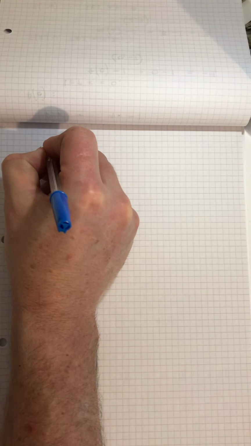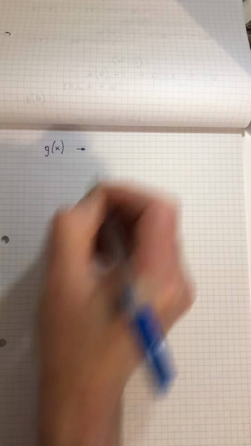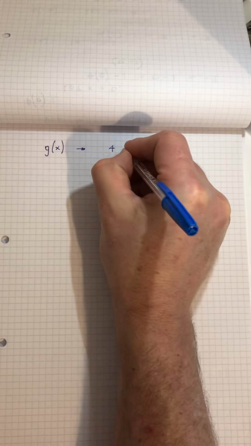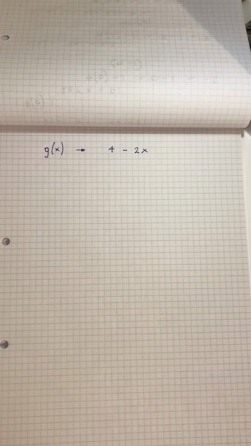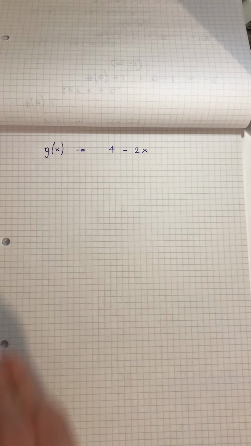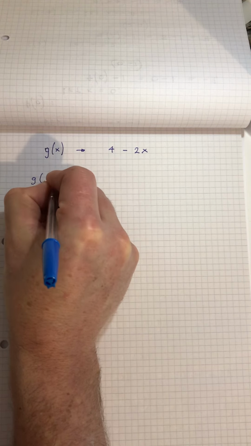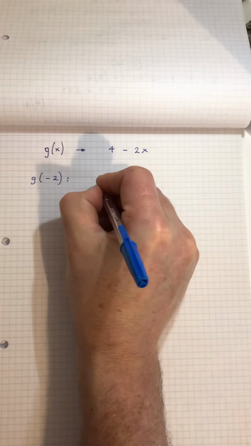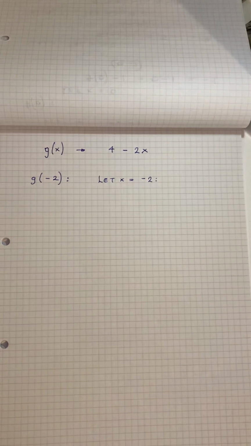So this time I'm going to call it g of x, just to change the letter. And this time I'm going to say 4 minus 2x. Okay, so I'm changing it around a little bit. And if they ask you for g of minus 2, well, in this case, you're going to let x equal minus 2.